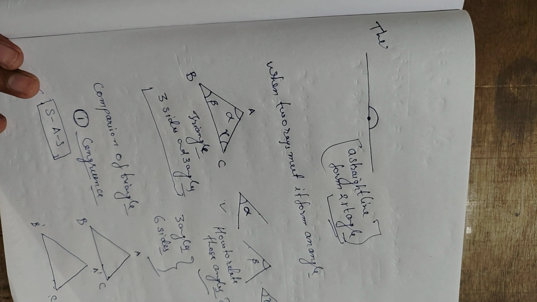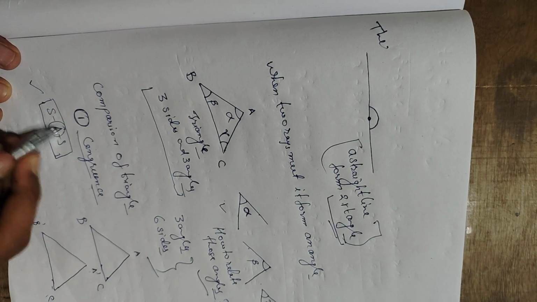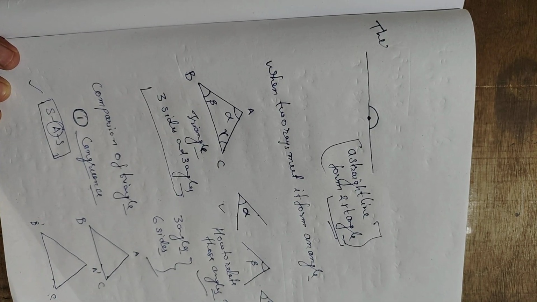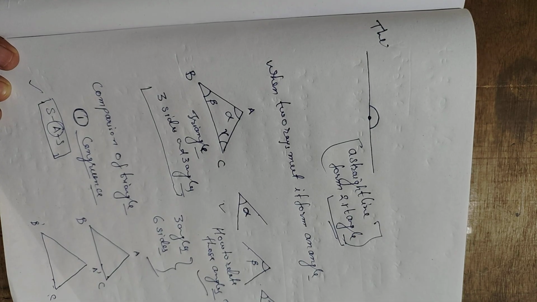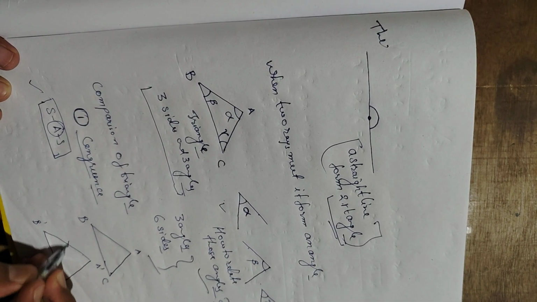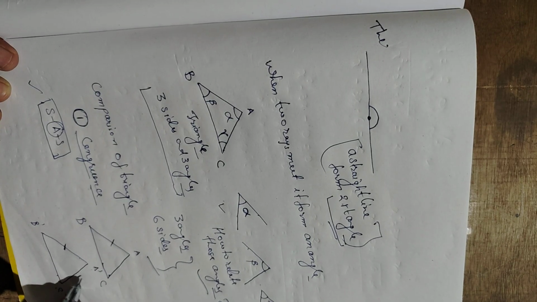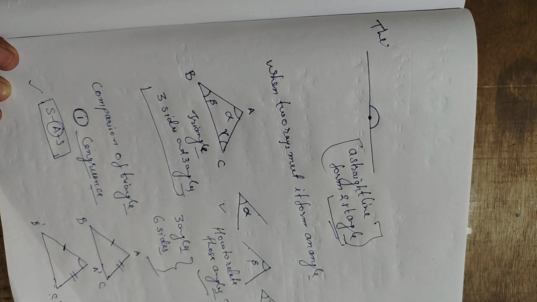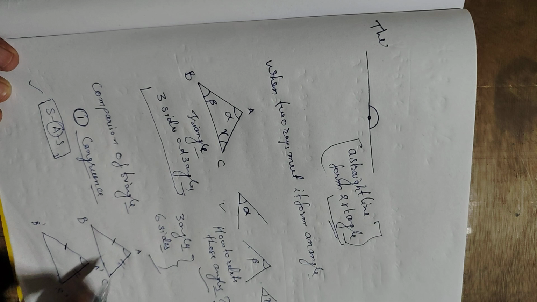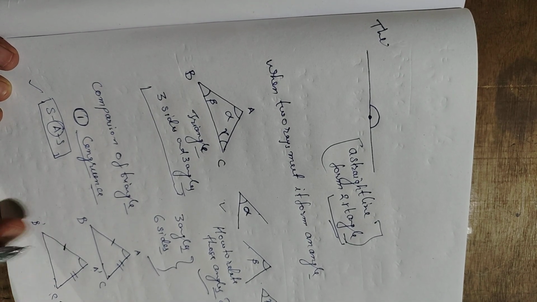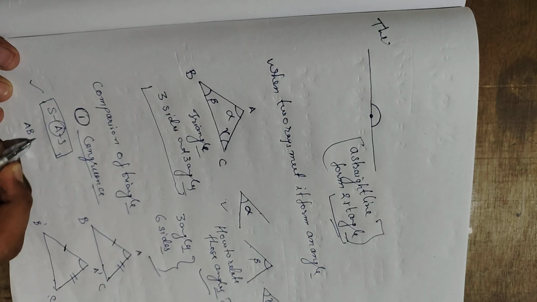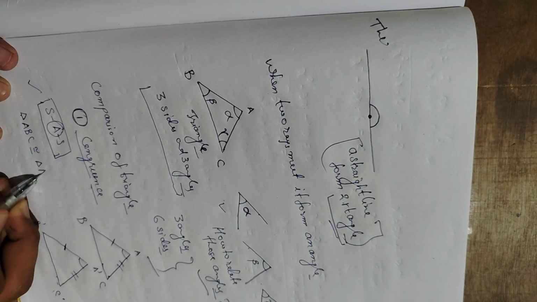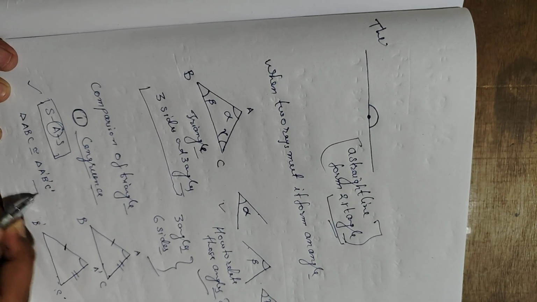Side angle side means that if the angles between two sides are equal, say this is equal to this, and AC is equal to A dash C dash, and angle B dash A dash C dash is equal to angle BAC, then triangle ABC is congruent to triangle A dash B dash C dash.